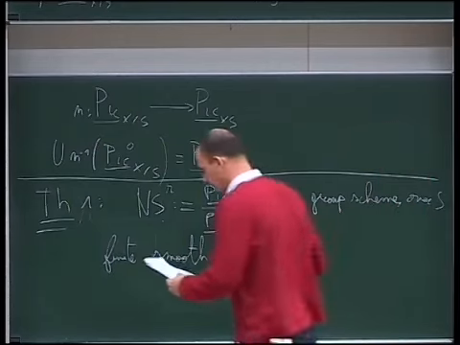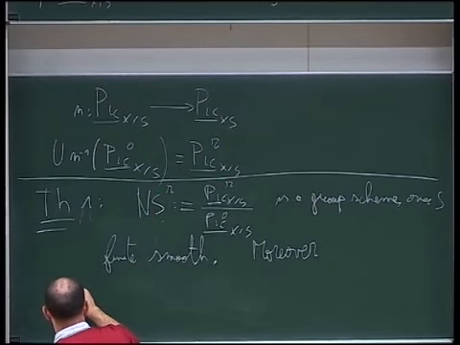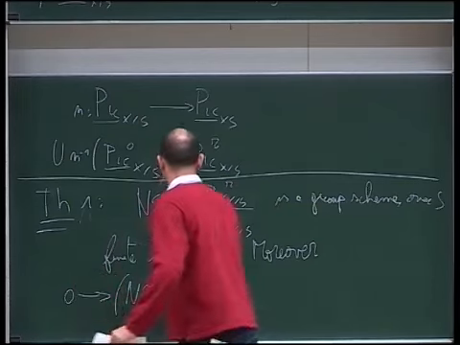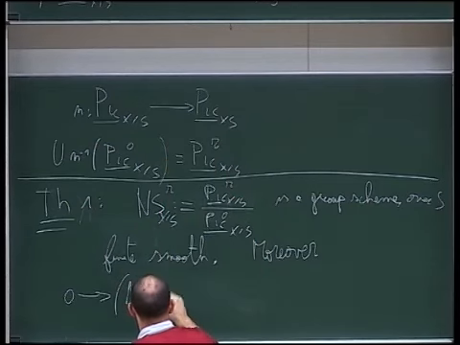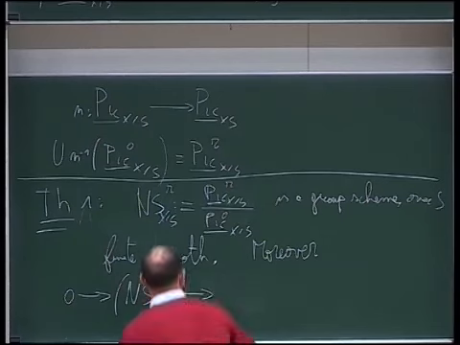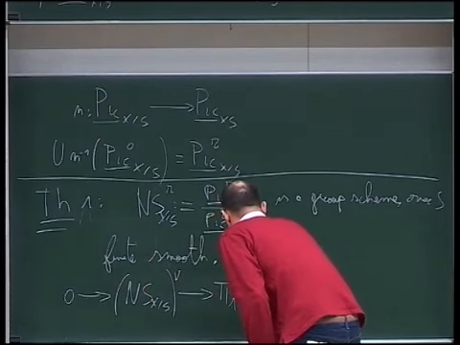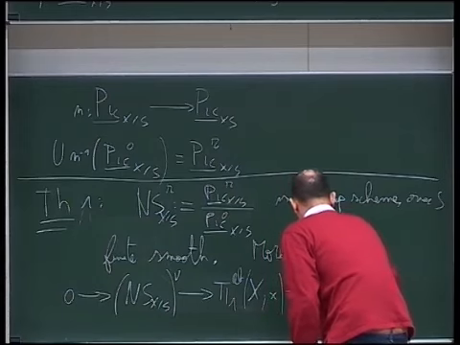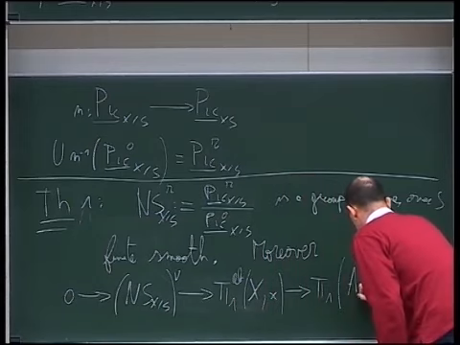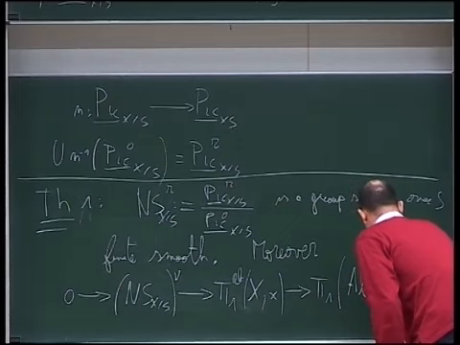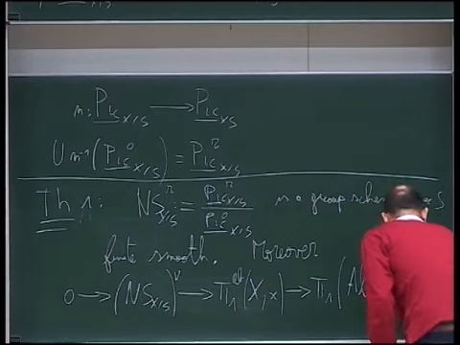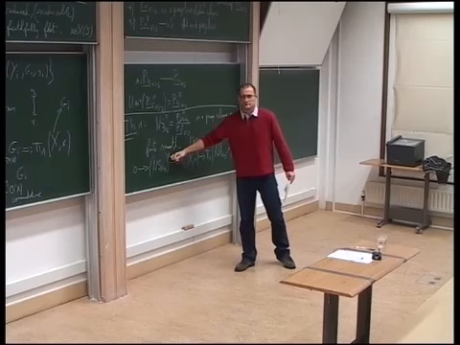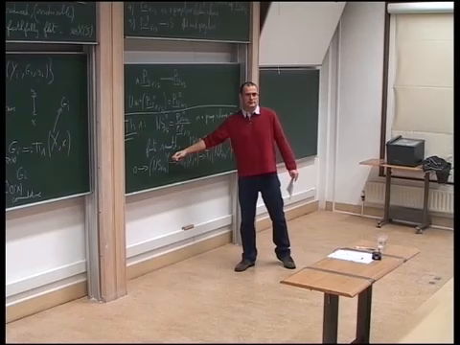And moreover, we have an exact sequence. So I took X_S. I will describe all the objects. We have an exact sequence where here this symbol means the Cartier dual.